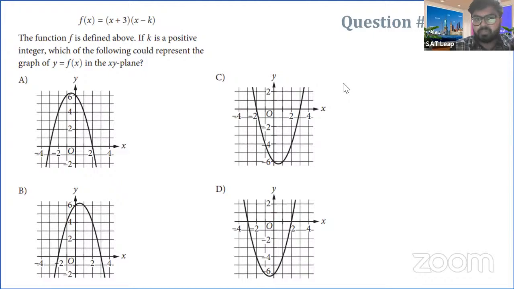Which of the following could represent the graph of the function given to you? Look at your function carefully. Guys, what do you think?